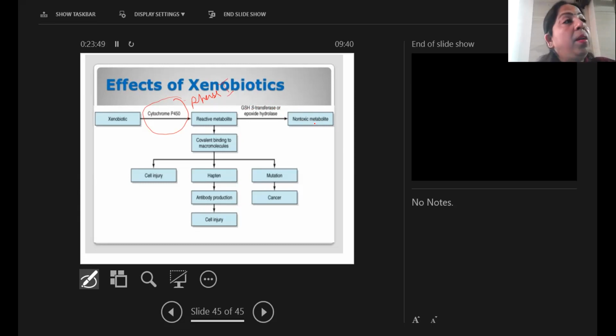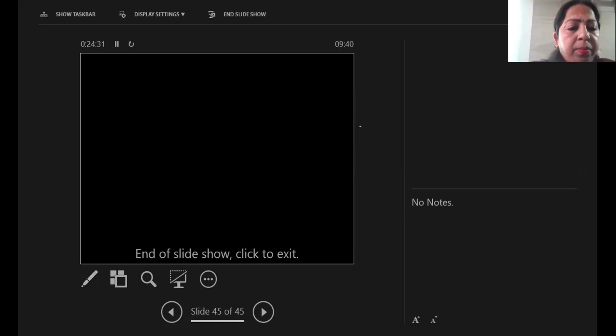The quality of that adduct, the conjugate which is produced, is that it is highly excretable, because all these conjugating agents are maximally inculcating additional hydrophilicity in the phase 1 metabolite or in the xenobiotics which may skip phase 1 metabolism. Understood? So it may convert into a non-toxic metabolite, which is easily excretable. So that's all about phase 2 metabolism.